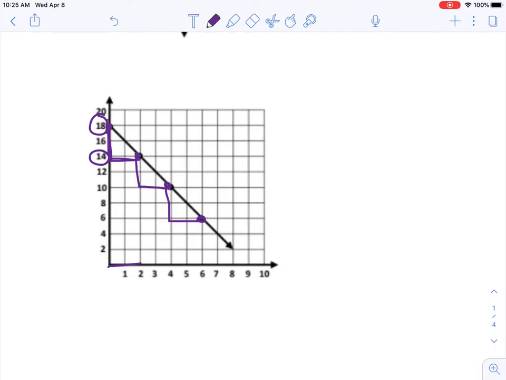Since the y-axis is counting by 2's, I'm going down 4. This is a negative slope because it's going downhill. So I'm going down 2, 4, and then the x-axis is counting by 1, so this is 1, 2. So down 4 over 2, which gives me a slope of -2.